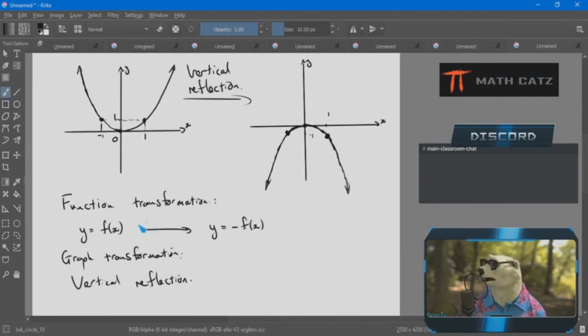When I take the right-hand side and multiply it by negative 1, it's again a vertical transformation. Different transformations, but it's all vertically done. When I do something to the right-hand side, depending on what I do, something happens to the graph, but it's always vertical, which is why I want to help myself remember that by calling it a vertical reflection.